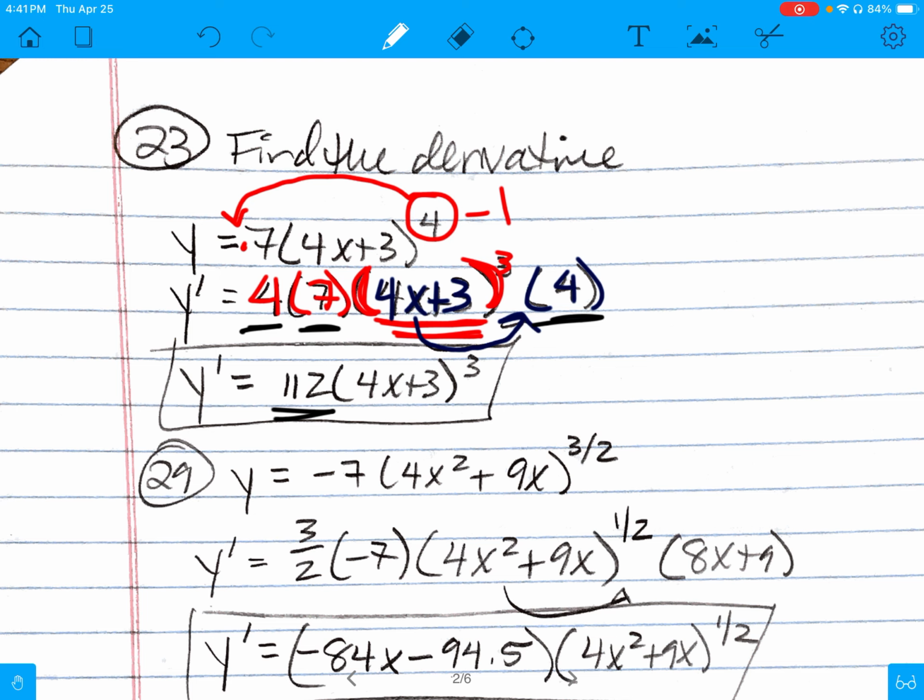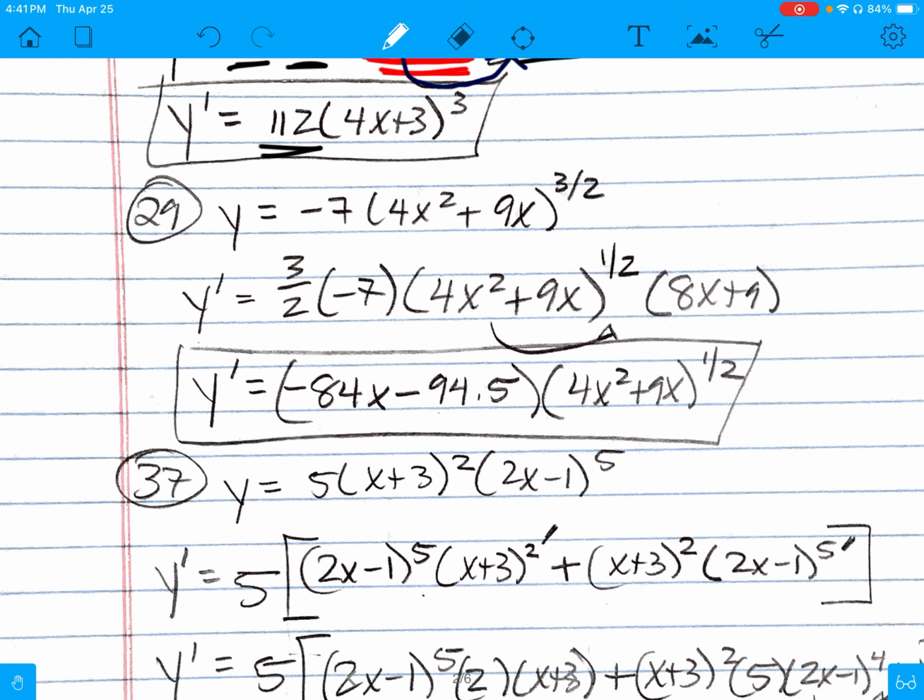29, very much the same. We have negative 7 times the quantity 4x squared plus 9x raised to the 3 halves. And again, this is the same idea as a variable raised to a power, but this time it's a function that's raised to an exponent. So we have to chain out the derivative of the inside.